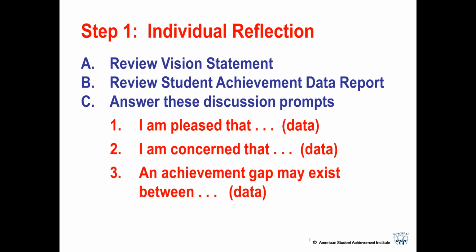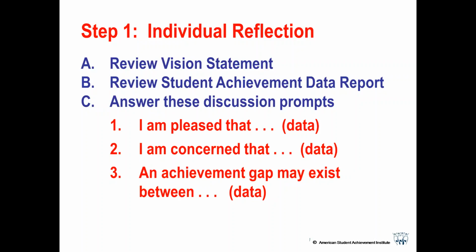I'm pleased that everybody seems to pass, but I'm concerned that only 23% of my African American students, or my free reduced lunch kids, or whoever, passed. And then, do you have achievement gaps? Yes. And then you would show that data. So these are the questions that we're asking. When you look at that, what pleases you and what concerns you.